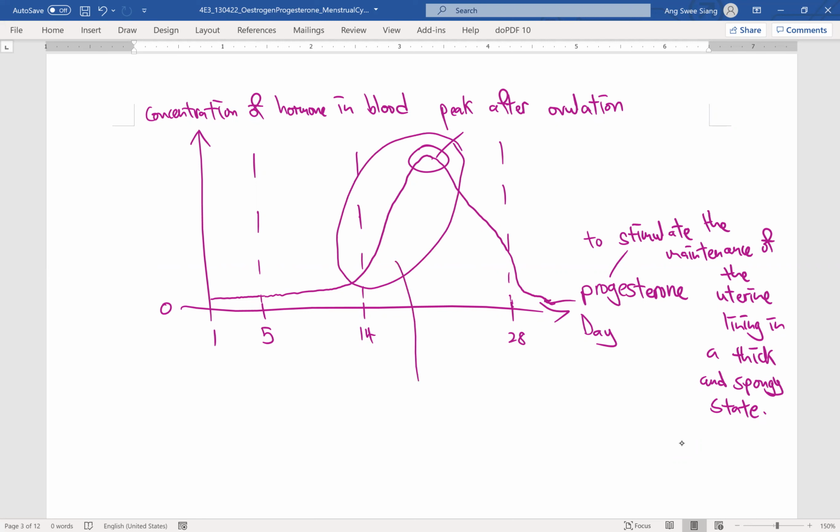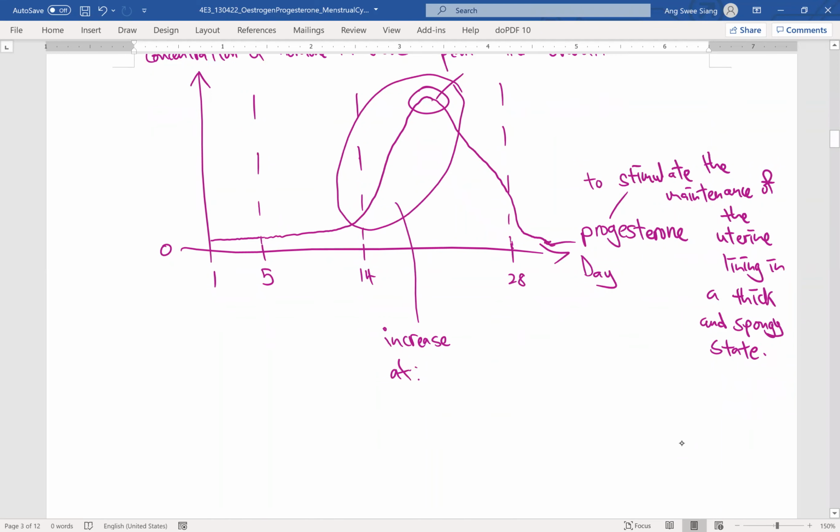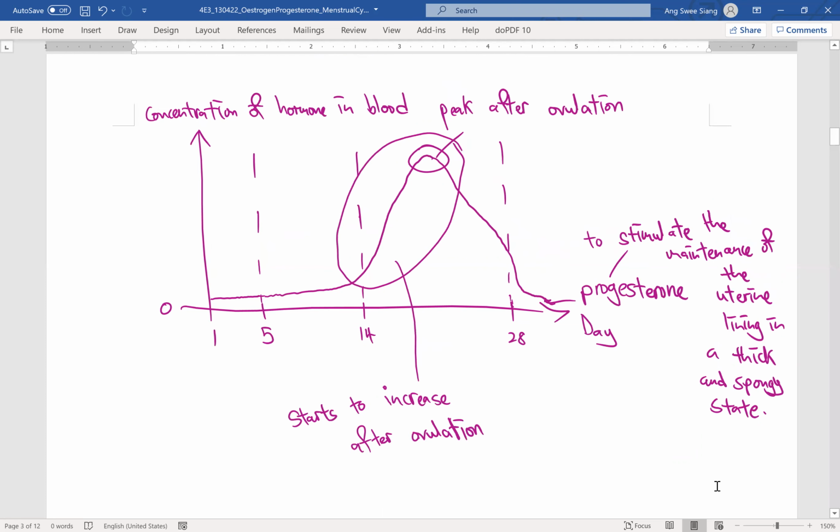Again, what is important is this thing here: the increase after ovulation. It starts to increase after ovulation and peaks after ovulation, roughly in between day 14 and day 28.